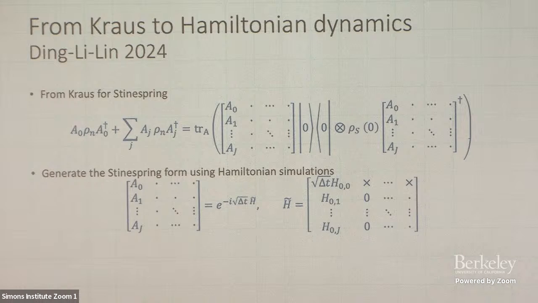And what we found is that you only have to figure out the first column of this Hamiltonian. The submatrices here are all zeros. You can set them to be all zeros. Oh, so well, you don't know the rest of this, and so it's not clear how to simulate this unitary yet.